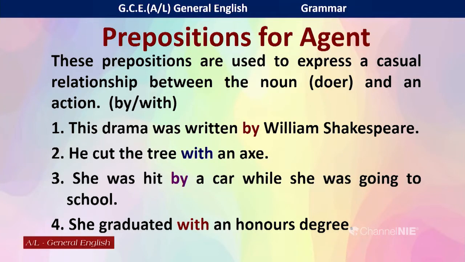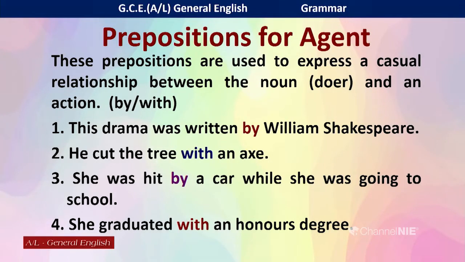She was hit by a car while she was going to school. She graduated with an honours degree. So, by William Shakespeare, with an axe, by a car, with an honours degree.